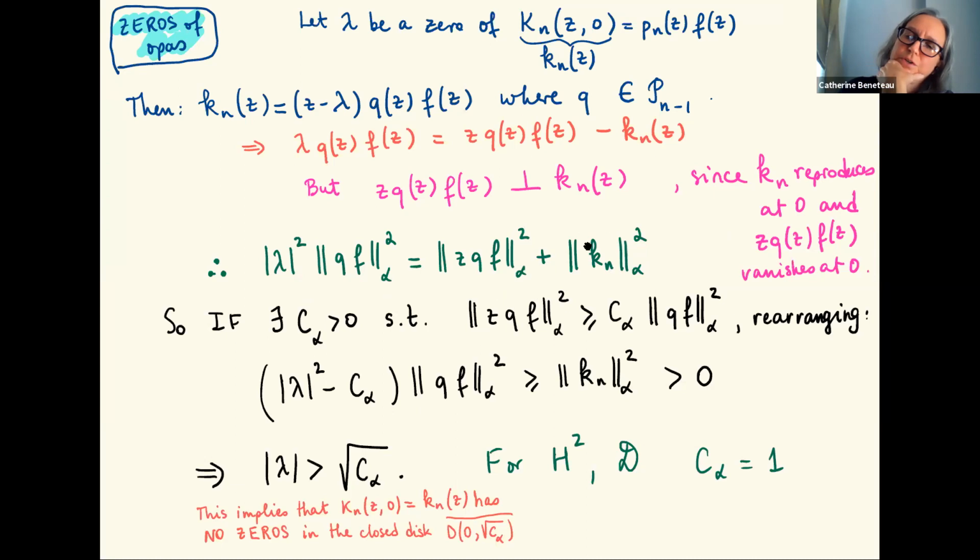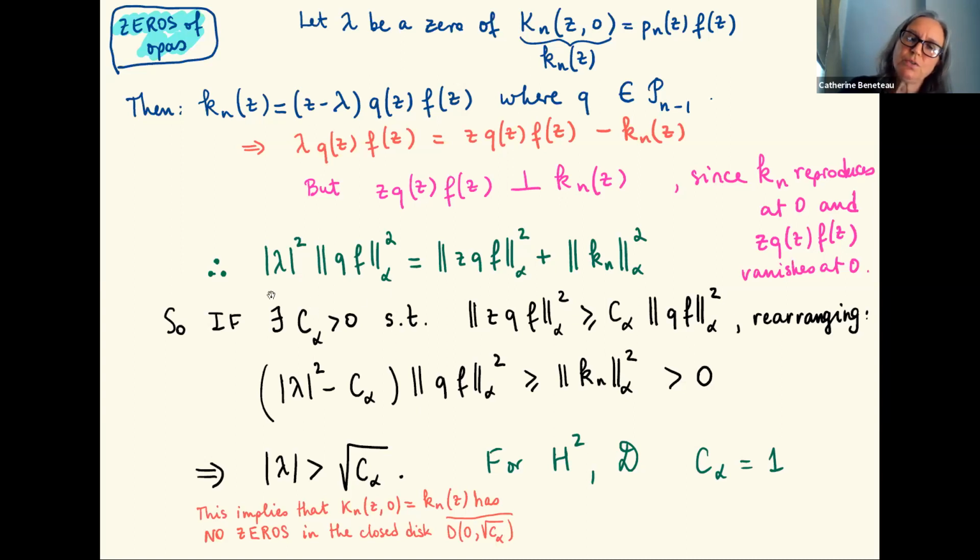So here's my reproducing kernel, which is my Pn times f. Here's my 0 of my Pn. So let's suppose that I had some information about how multiplication by z acts on a space. For example, in the Hardy space, we know it's an isometry, right? Multiplication by z. So this would be the same as the norm of qf. In the Dirichlet space, this gets bigger, right?